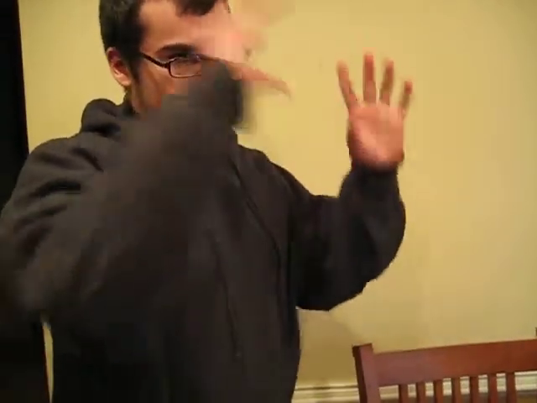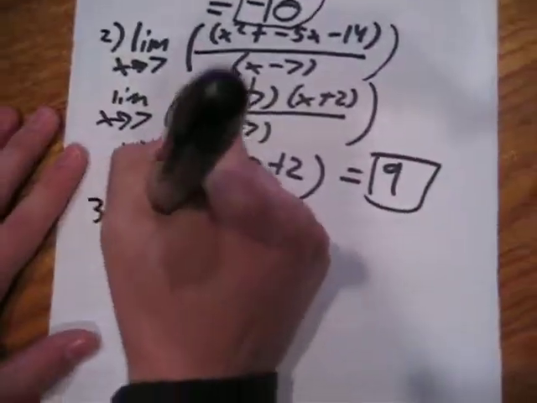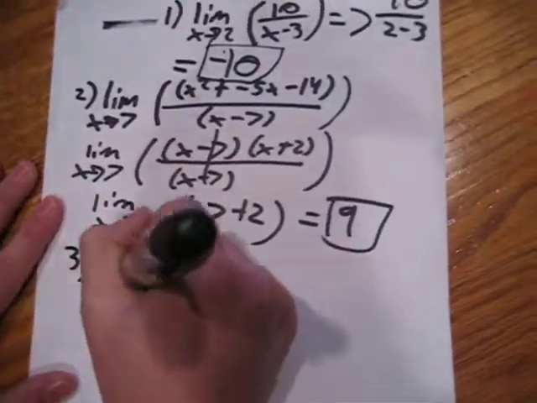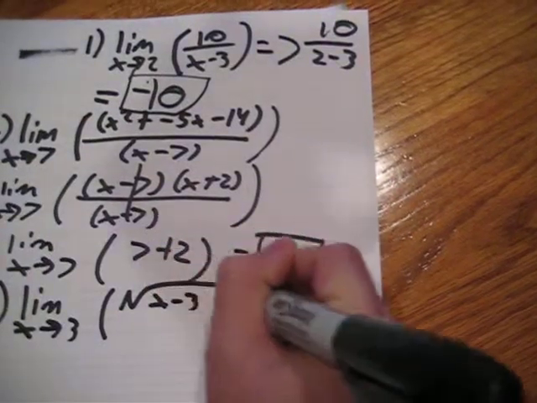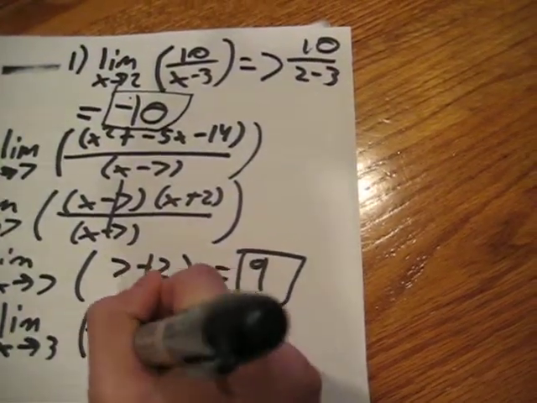Now for our third example, we are going to show you what happens if you get some number, not 0, over 0. Limit as x approaches 3 of root x minus 3 over x minus 3.